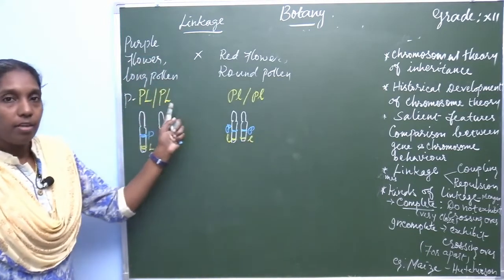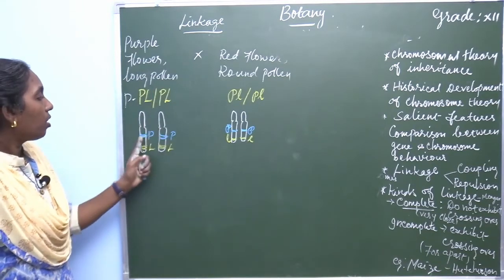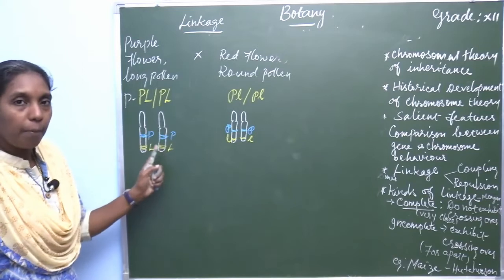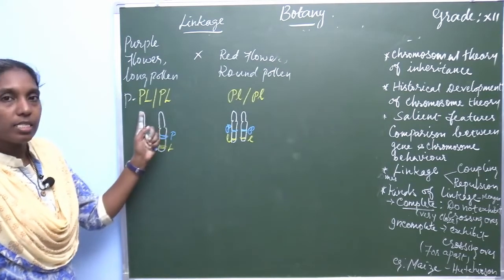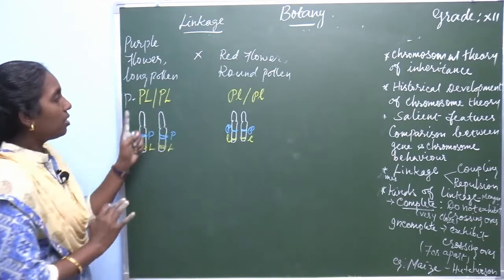This is the allelic form, and this is the chromosomal form. The alleles, the genes, are located in pairs, and Mendel represents this as alleles. This is the parent.